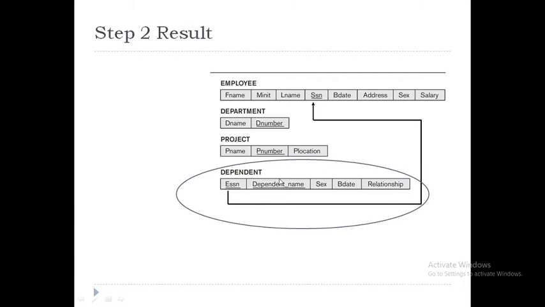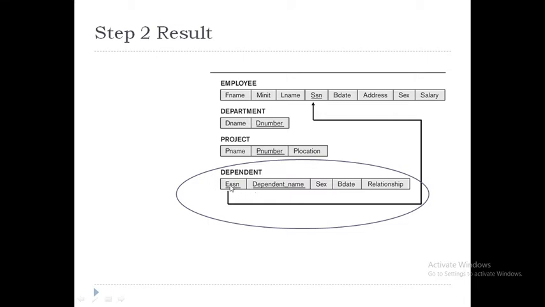See here, initially we have created three relations, employee, department and project. And now according to the second step, we created the dependent relation. So these are the attributes which are there in the dependent entity type. So simply you add all the simple attributes. Then include the primary key of the owner entity type, that is employee. Okay, so instead of writing SSN, I'm just writing ESSN.